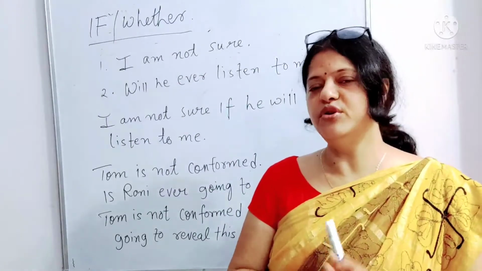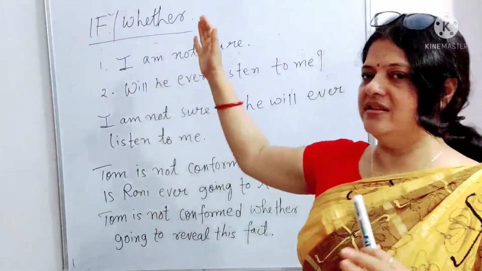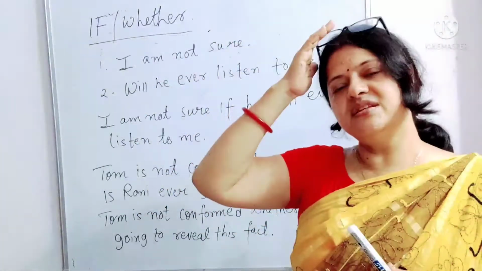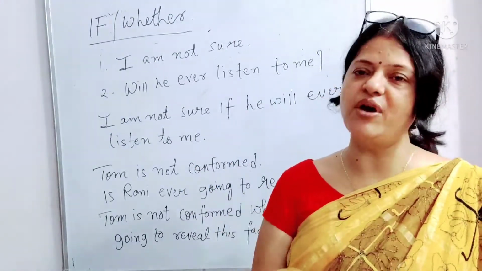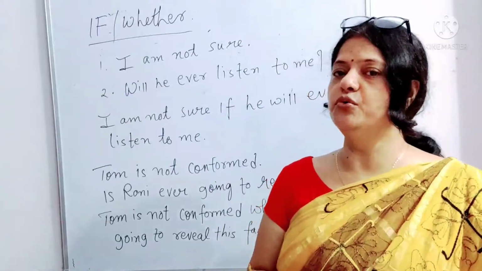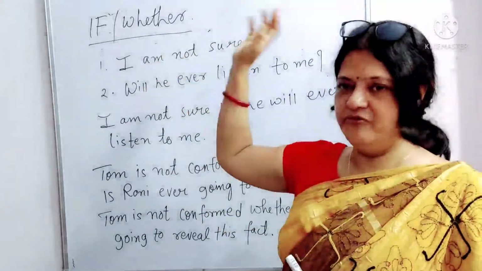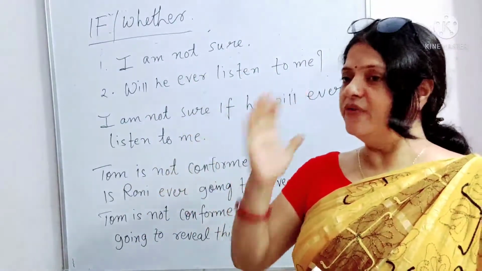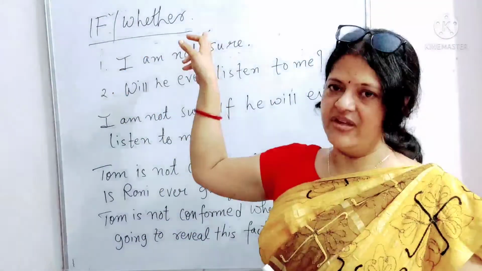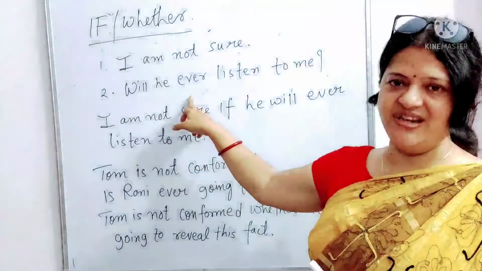So when one sentence is an assertive sentence and the second is an interrogative sentence starting with an auxiliary verb, first we'll make the first sentence the principal clause, and then after adding this if and whether conjunction we'll write the second sentence.